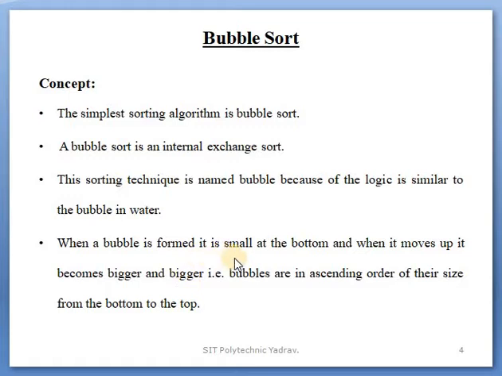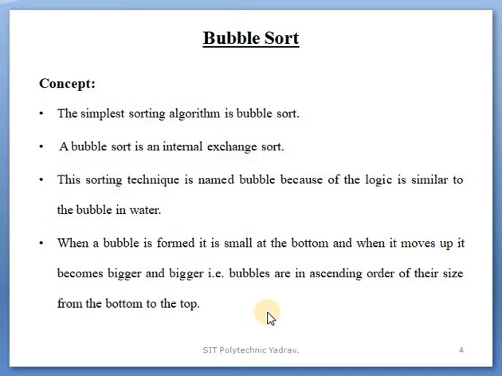In water you can observe it. You may or may not have seen it, but imagine or recall the water when bubbles are created. First of all, small bubbles are present at the bottom.